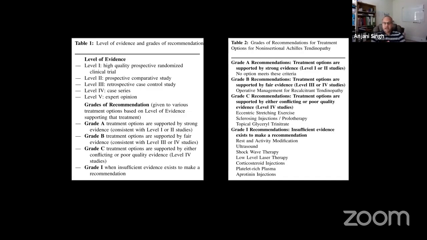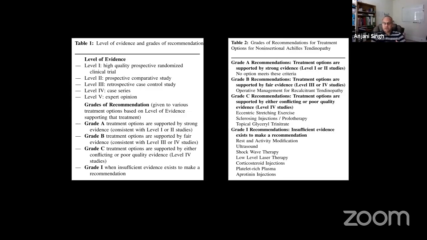Whereas for grade B, there is some evidence, which is level 3 and 4 studies, which has suggested operative management for recalcitrant tendinopathy by means of debridement of the dysfunctional tendon. Grade C, which again is level 4 or below, covers eccentric stretching exercises, sclerosing injections, and chlorotherapy.